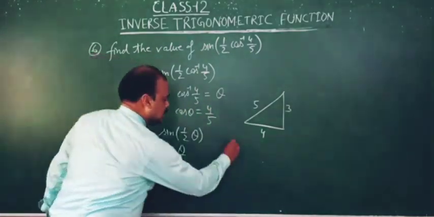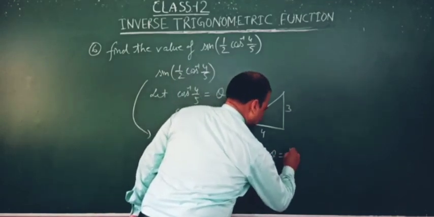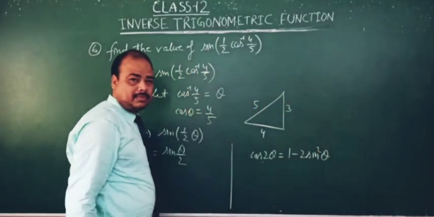We know that cos 2 theta equal to 1 minus 2 sine square theta.